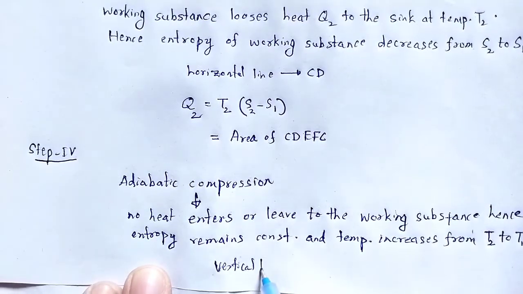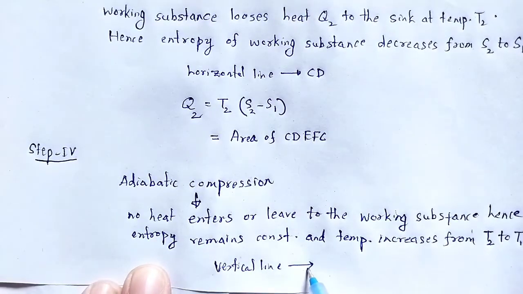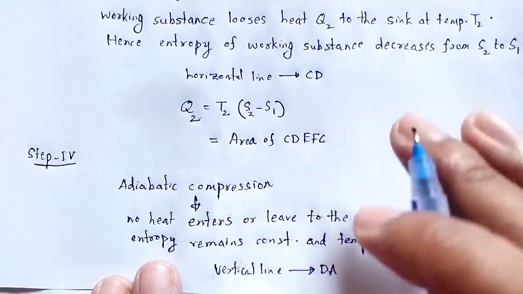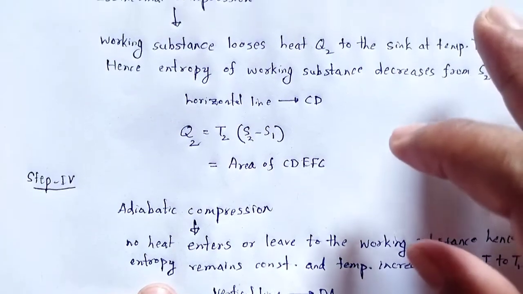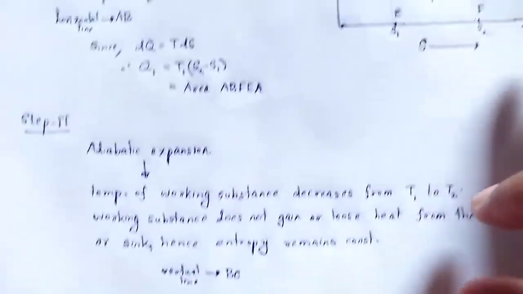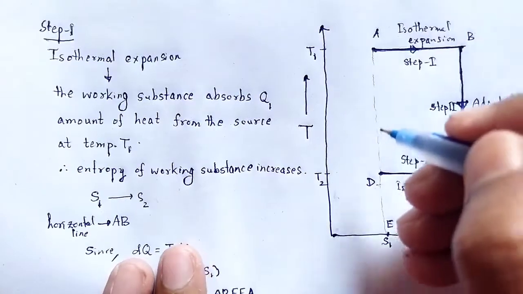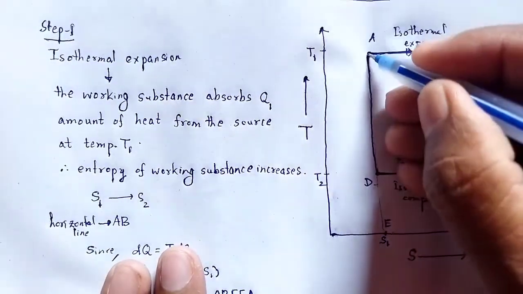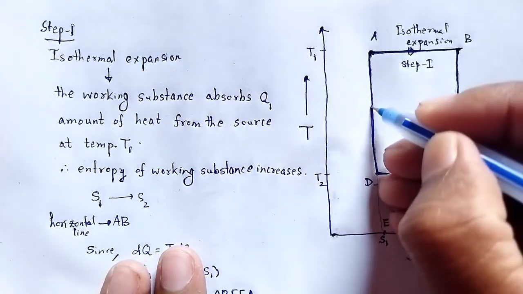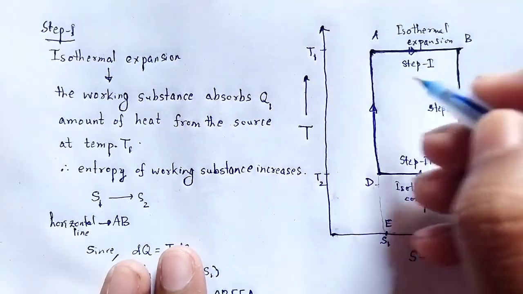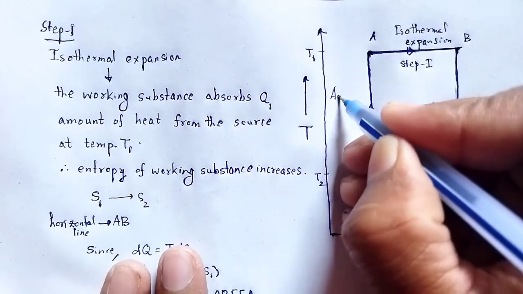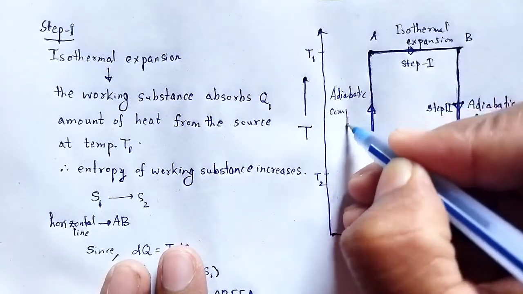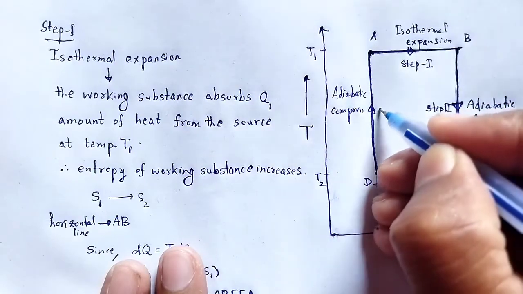The vertical line dA represents that particular process, that is adiabatic compression. Here is step number 4.